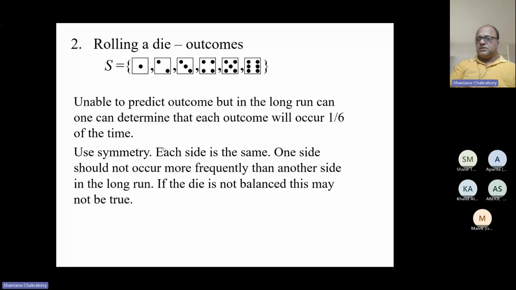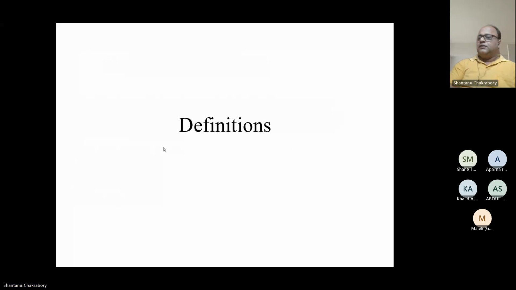That means you can have the faces of the dice as 1, 2, 3, 4, 5, or 6. The total outcome is 6, and 1/6 is the probability of that particular outcome. So you can have any one outcome out of these 6 outcomes when you roll a dice, right?